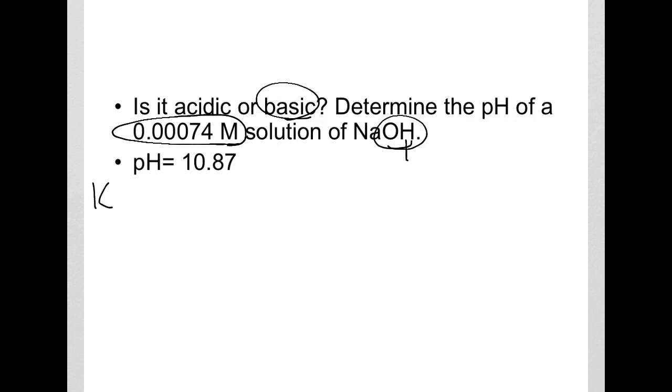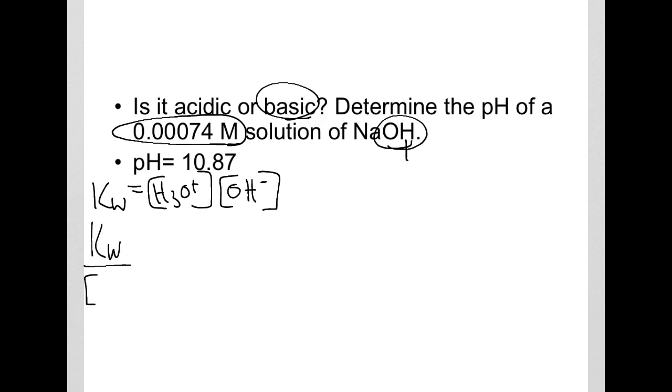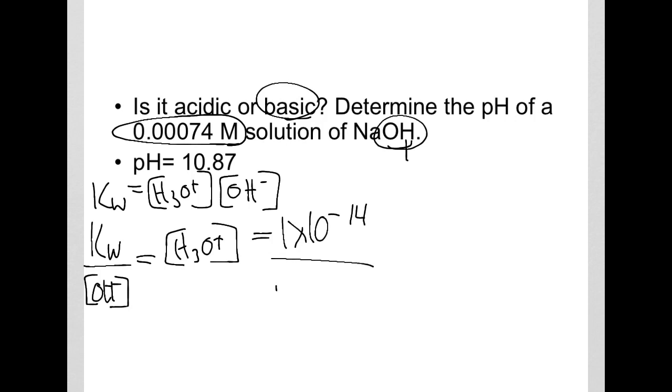So I can take my Kw, obviously divide it by my hydroxide, which gives me 1.35 times 10 to the negative 11th. That's my hydronium. So then I take the negative log of that value.